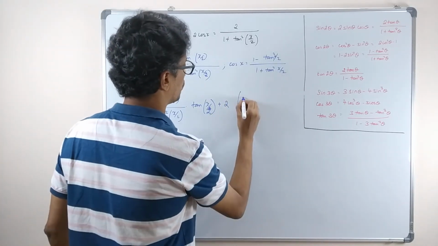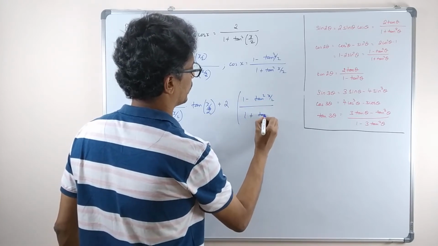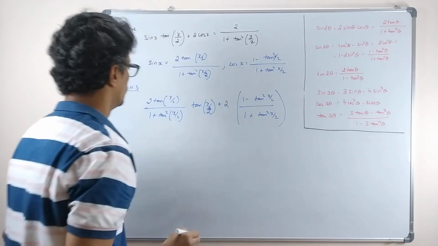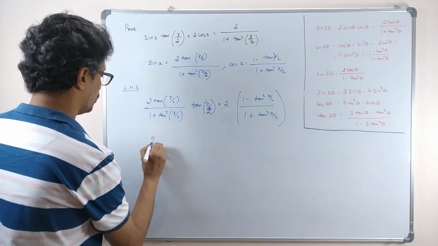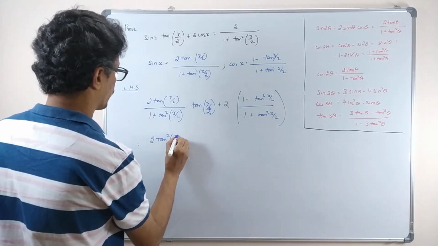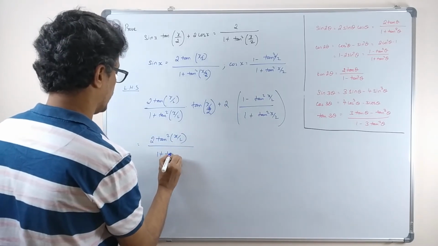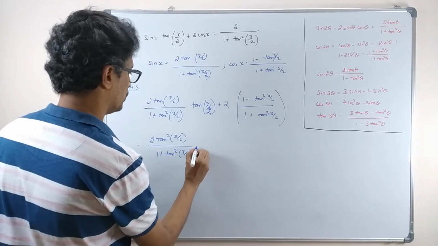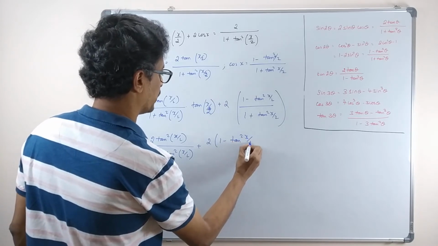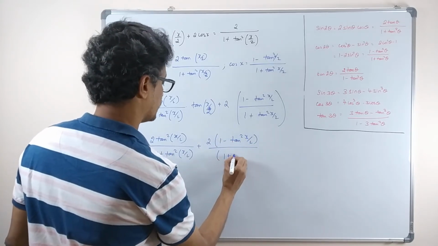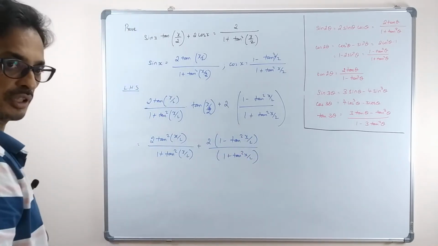What is that? 1 minus tan square x by 2 divided by 1 plus tan square x by 2, and this becomes 2 tan square x by 2 divided by 1 plus tan square x by 2 plus 2 times 1 minus tan square x by 2 divided by 1 plus tan square x by 2. This you can take common. Correct?